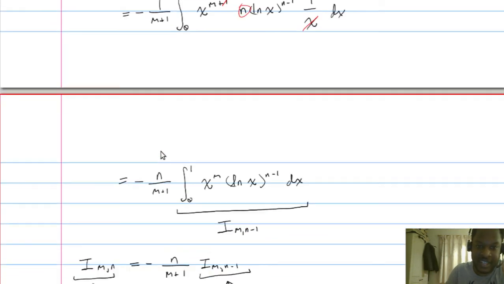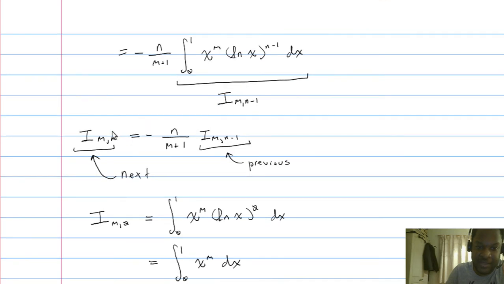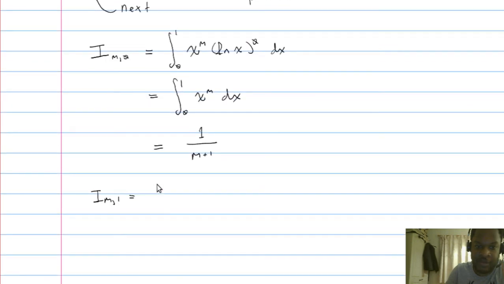We're looking for I_{m,1}. Well, the rule here tells us that if I want the next integral, I have to take the next number divided by m plus 1 and multiply it by the previous integral, not forgetting a factor of minus 1 in front. So we write minus 1 over m plus 1 times the previous integral.